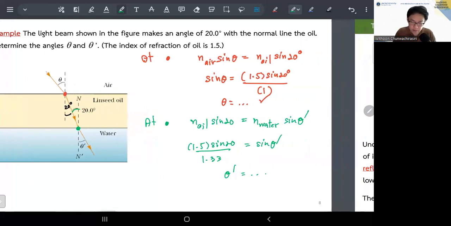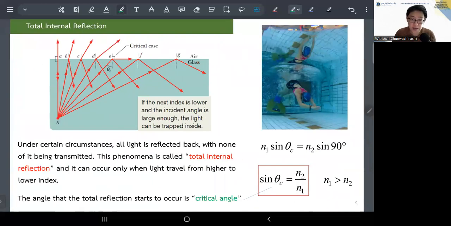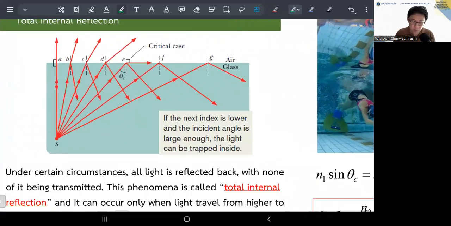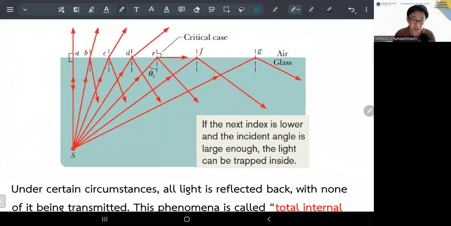So what you can try with this is, here we go, guys, and this is the big one. I love this phenomenon. From the understanding of Snell's law, when you go from a high index of refraction to a smaller index of refraction, the deviation is away from the normal. So you got that one. Now, that leads to this.